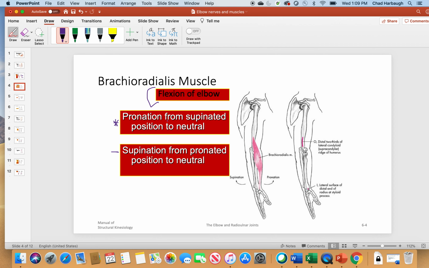Its origin is on the supracondylar ridge of the humerus here, and it's going to insert into the distal end of the radius at the styloid process of the radius. This is what allows it to do both pronation and supination.